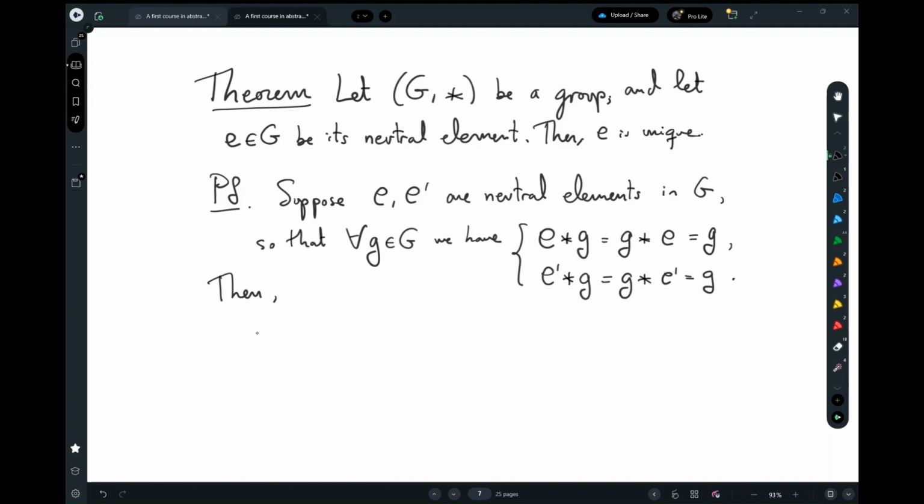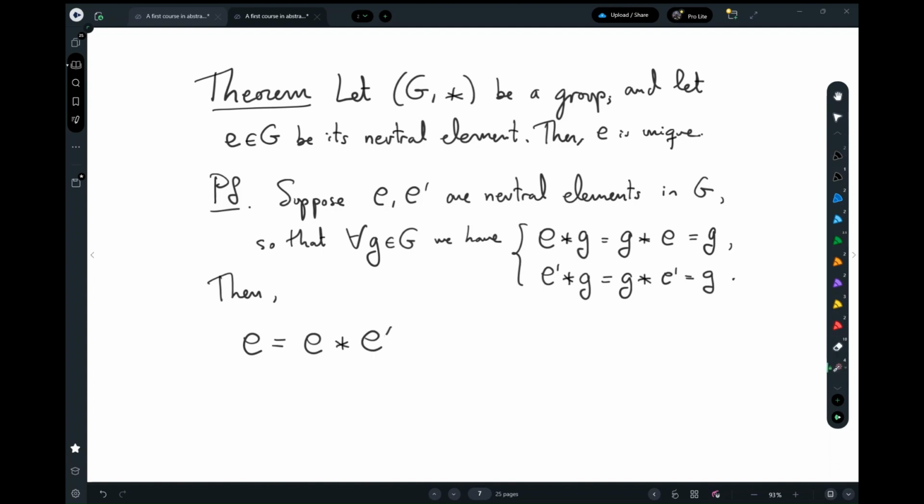So let me start with e and then use these equations in my favor. I'm going to use these equations, but for this g, I'm going to put e prime, and for this g here, I'm going to put e, because this tells me that, well, e is equal to e star e prime.